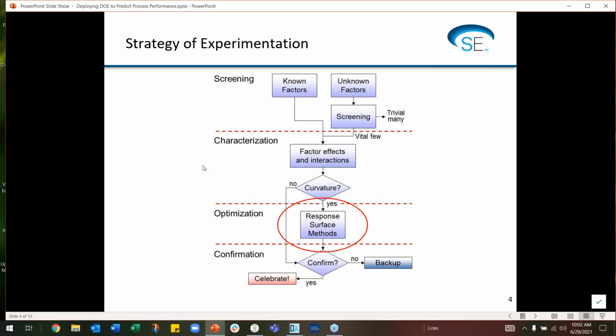The focus of today's session is actually going to be down here in the optimization area, where we are looking at response surface methods. When we size designs for screening and characterization, we use a statistic called power. When we size designs for optimization, we're going to use a different statistic called precision via the FDS graph.